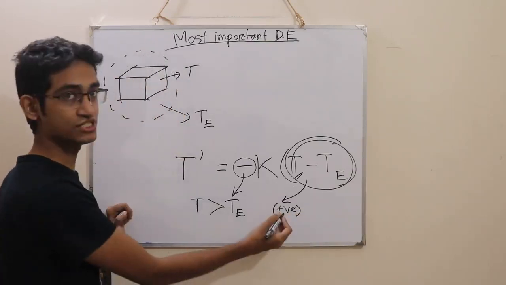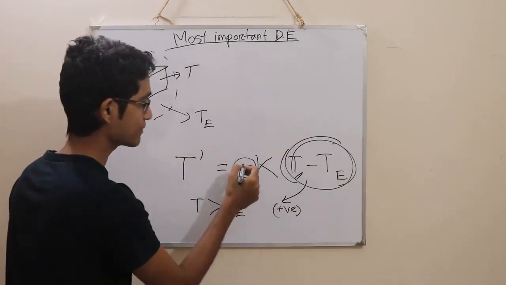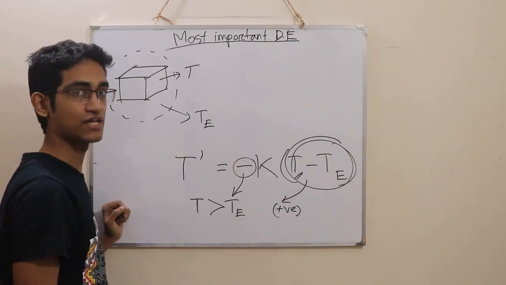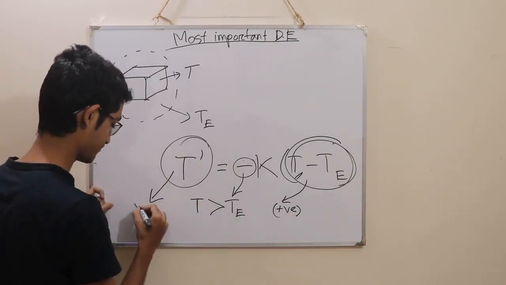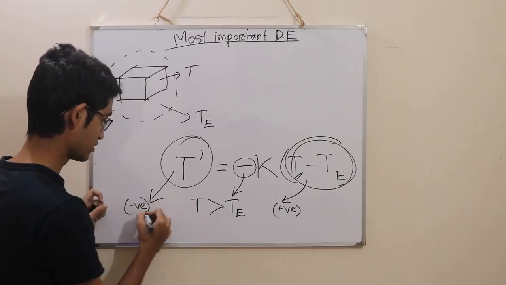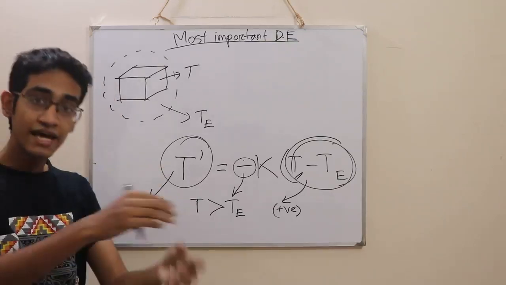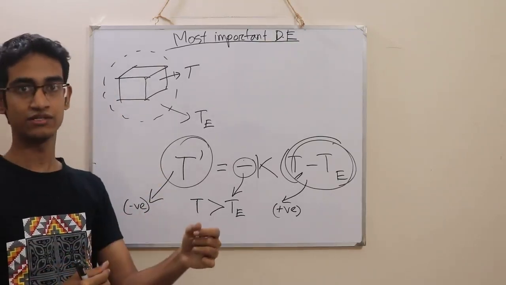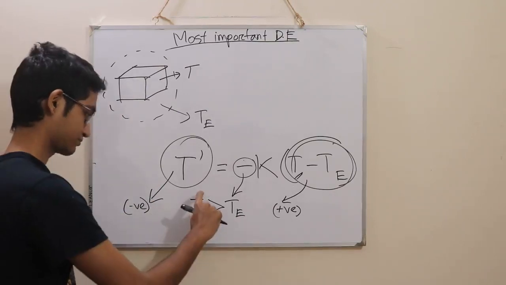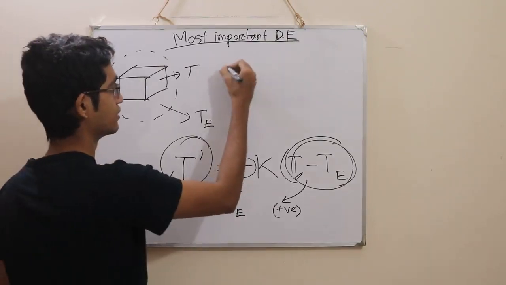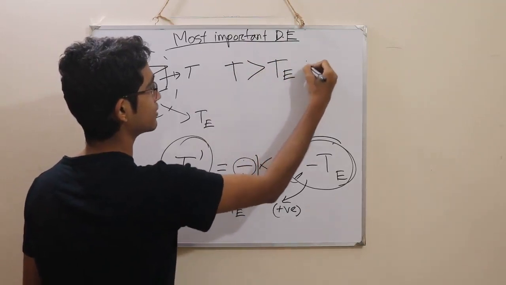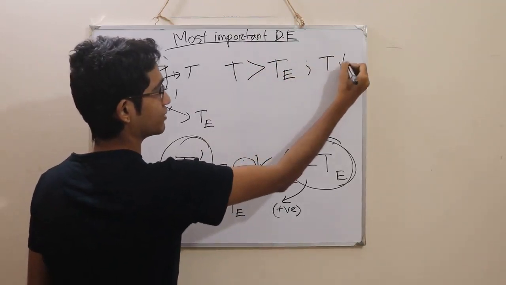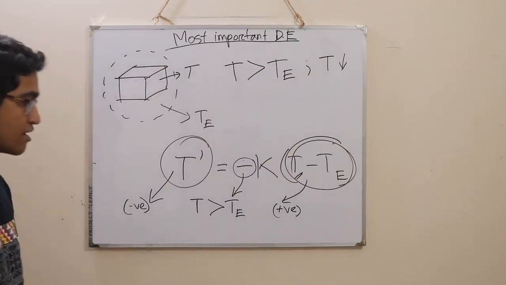And if this is positive, positive times a negative sign makes this whole thing negative. So the change is in a negative direction. So this means that the temperature will decrease. So the conclusion is that if T is greater than TE, the temperature of the body decreases.